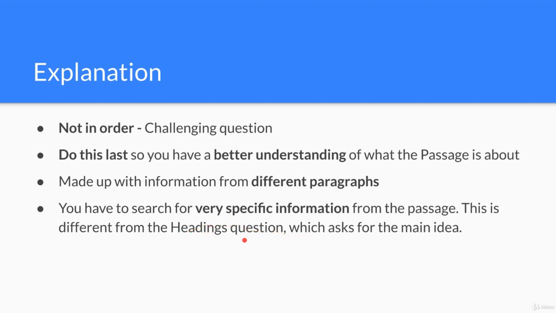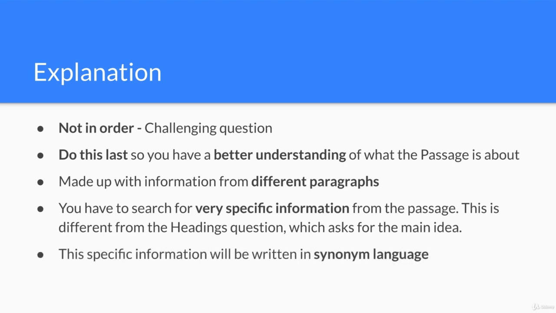So in the headings question, you have to look for the gist of the meaning of that paragraph, okay? We're looking for the main idea of that paragraph. But not so in paragraph location questions. For paragraph location questions, it's very specific information that is probably going to be mentioned in 1 or 2 sentences.